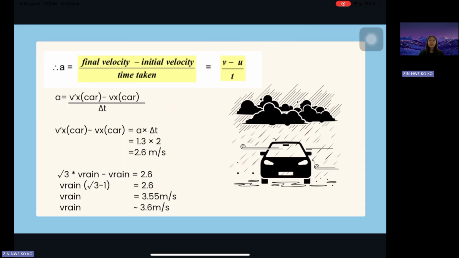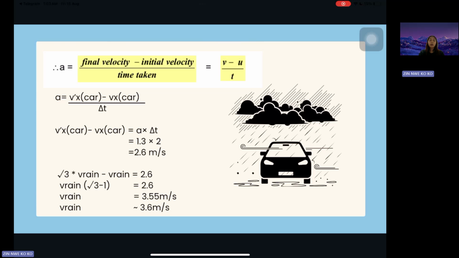From the definition of constant acceleration, a equals final velocity minus initial velocity over time taken. So a equals v0x minus vx over 2. So v0x minus vx equals a delta t, and after we calculate, we get 2.6 meters per second. So we substitute the answer into the equation from the previous slide.